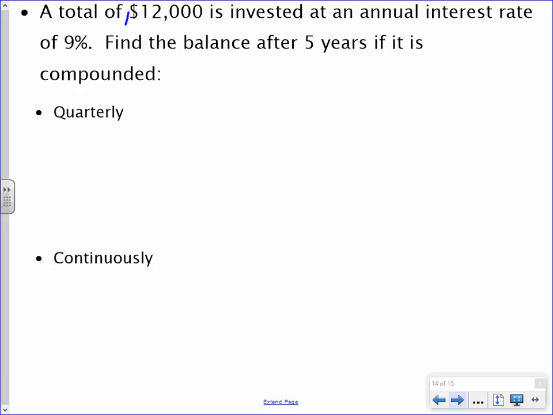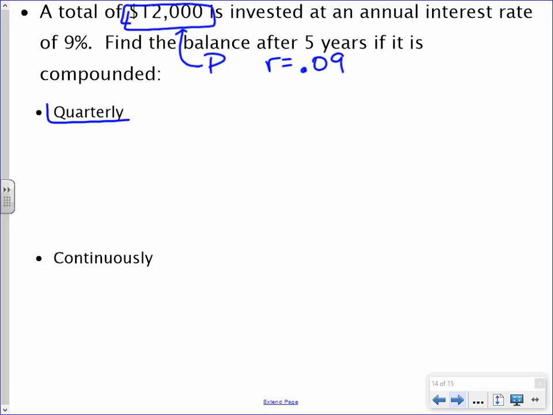All right, $12,000, what does that represent? Okay, that's our principal. All right. If 9% is our rate, what are we going to plug in for R? 0.09. Okay.